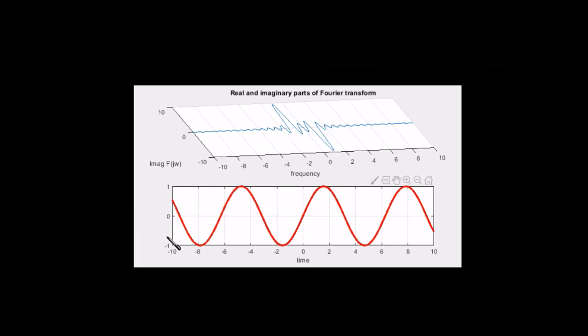It only goes off to a value of minus 10 and plus 10. So you're going to get these little ripples here. But in effect, what we can see here as the Fourier transform, we've got a pulse at minus 1 Hertz, and we've got a pulse at 1 Hertz, and they're purely imaginary. One is positive and one is negative.